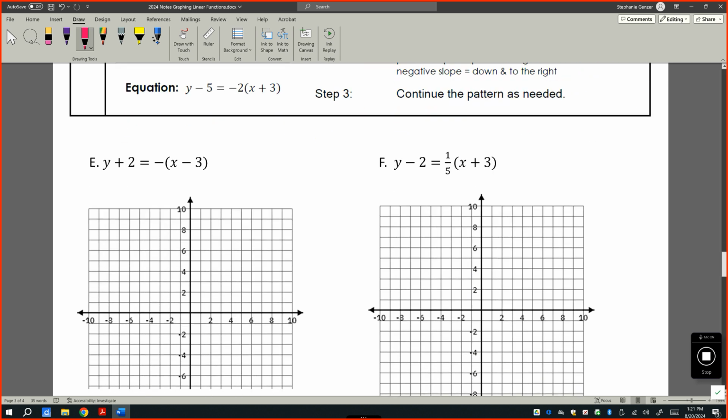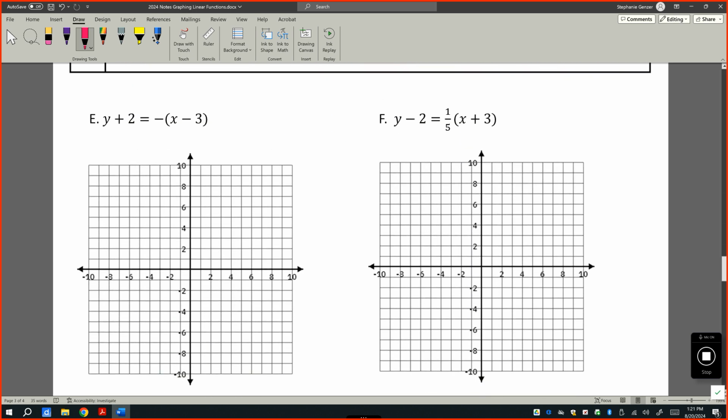So let's try graphing one. Let's look at example E. Let's first identify the given point. And it might be helpful in the beginning to rewrite the form right on top of the problem. That way you can easily grab those numbers.